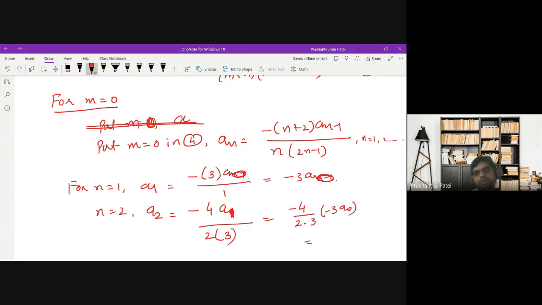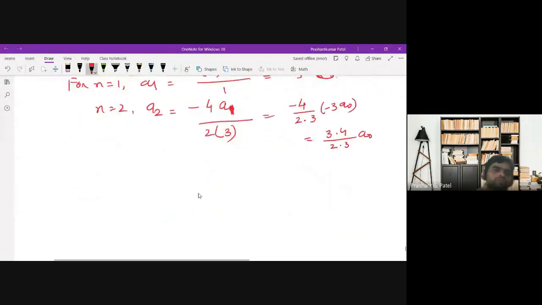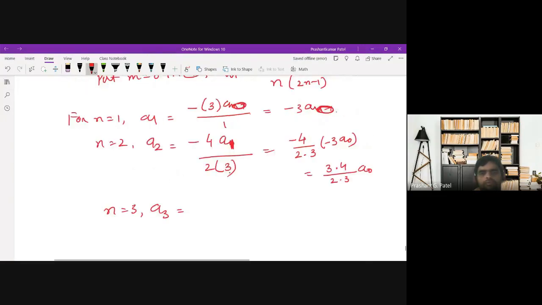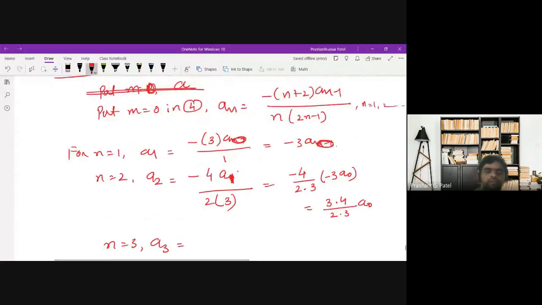So I can write this as 3 into 4 upon 2 into 3 a0, and so on. You can write down further terms. For n equal to 3, you will have a3. So can somebody tell me what is a3, by putting n equal to 3 into this equation?